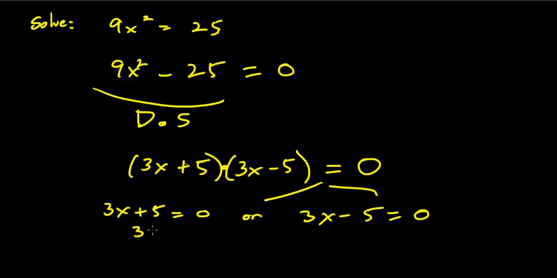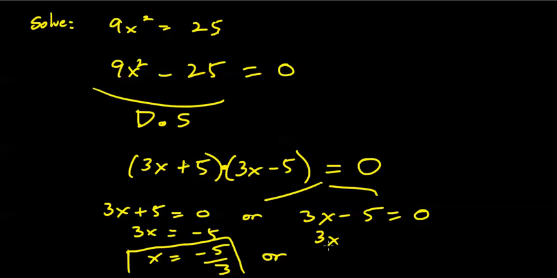I'll work on the left-hand branch first. I'll subtract 5 from each side and then divide by 3. So on the left branch, I'll have a solution of x equals minus 5/3. And on the right branch, similarly, I'll add 5 to both sides and divide by 3, resulting in the solution x equals 5/3.